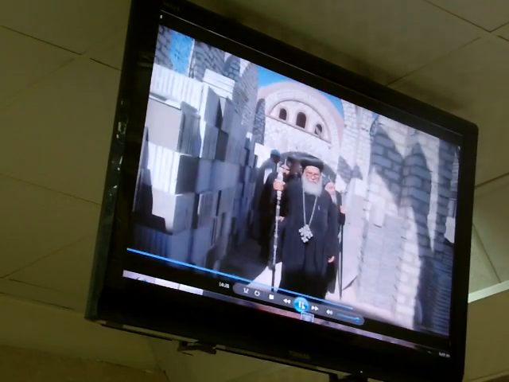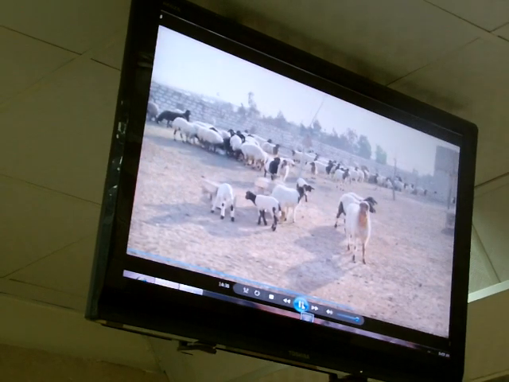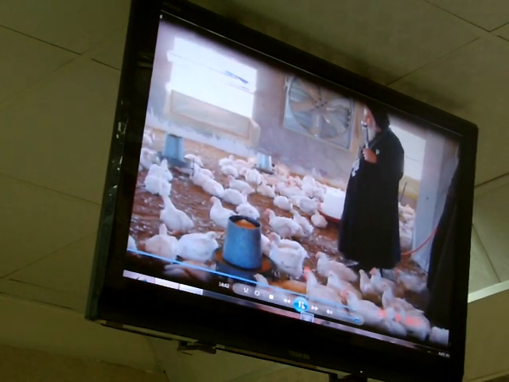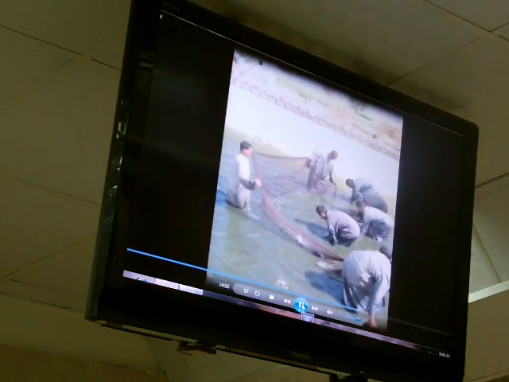These are carpentry supplies. This is fishing.